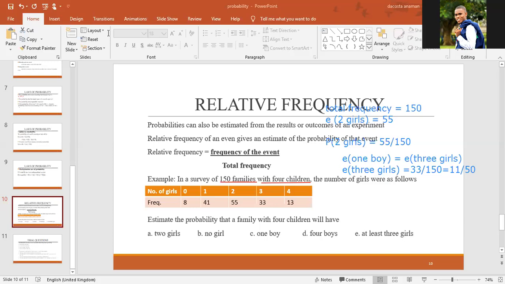So Jephthah has already sent his. At least 3 girls. We have 12 participants. That's 10 to be precise.